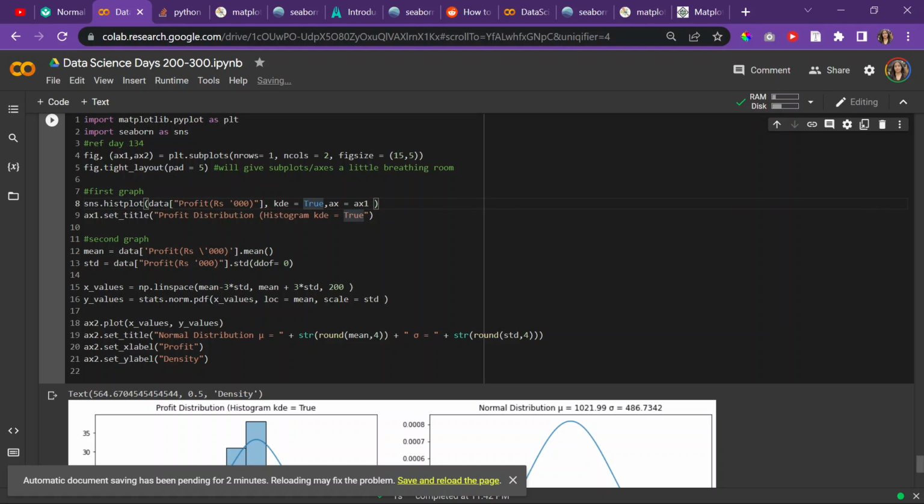If it were to be plt dot plot like we had it, that was the problem. It doesn't have this parameter, and I couldn't set it to the graph that I wanted it to be, and therefore it wouldn't show up.